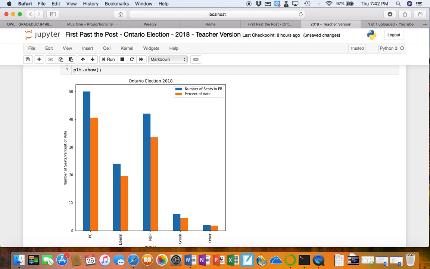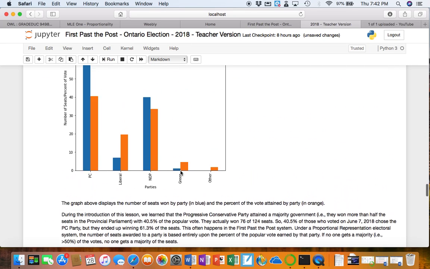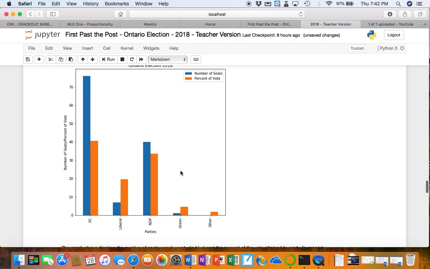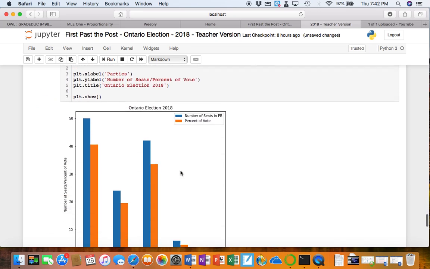This is a visual representation of proportionality in the electoral system, in proportional representation. We can see that in every case, the proportion of blue to orange is the same. So this is an image of proportionality. This is an image of lack of proportionality in electoral systems in Canada.